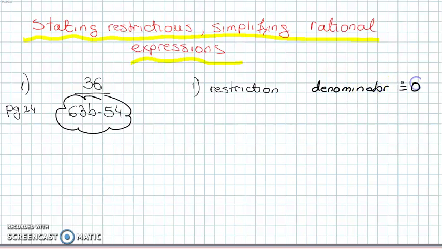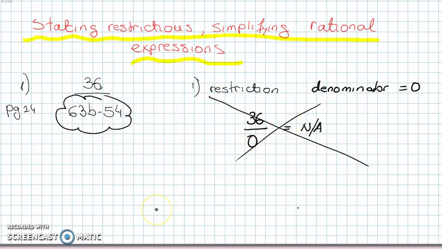So if the denominator is equal to 0, I would have 36 divided by 0, which is something that cannot be determined. 36 divided by 0, it's a condition in math that you always have to avoid. You cannot divide by 0. So you don't want this ever.